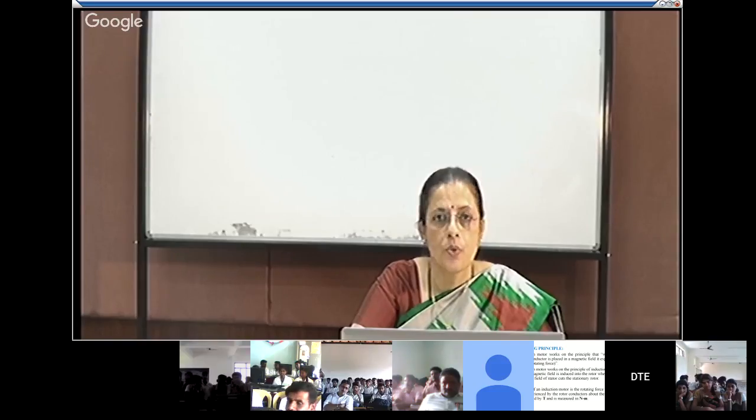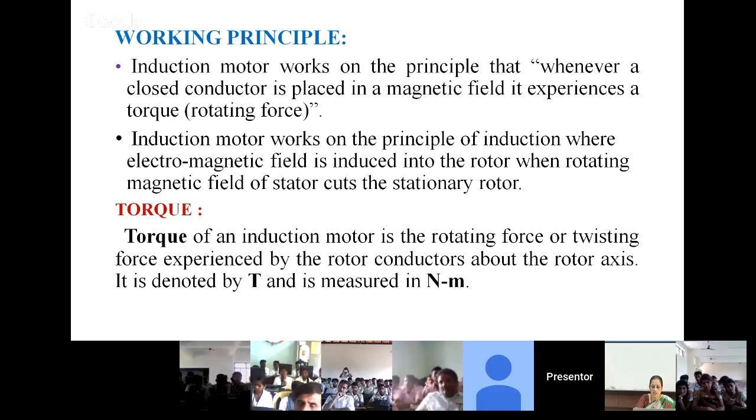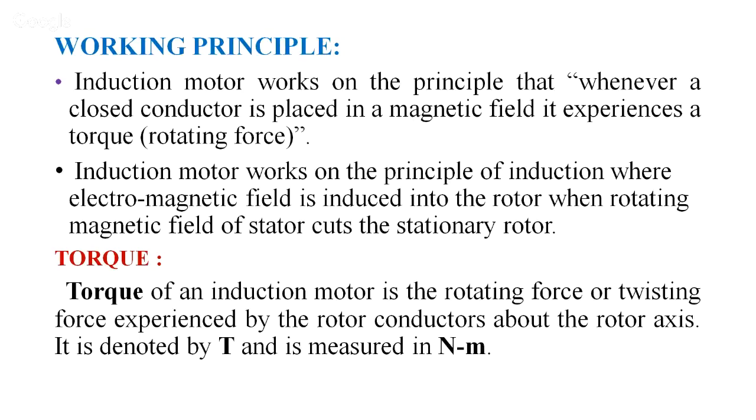When a current passes through the armature winding, when it is energized, it sets up a magnetic field. This magnetic field is rotating in nature, and when it cuts the stationary rotor, it induces an EMF in the rotor. Because of this, a current flows through the rotor conductors.